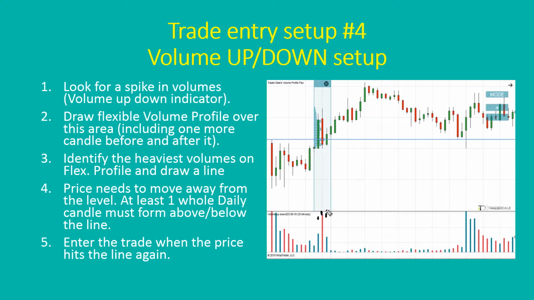You can see that those 3 candles are much bigger than the rest of the candles, which are in here and which are in here. So those 3 are the candles we are interested in. But we are also going to stretch the profile over those 2 candles, one on the left, one on the right. All right, so this is the area you stretch the volume profile over.